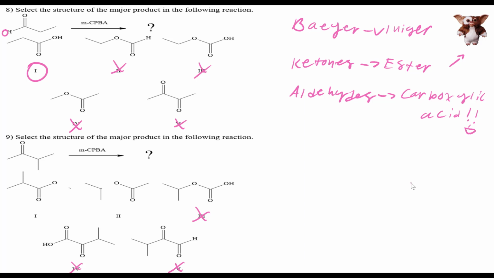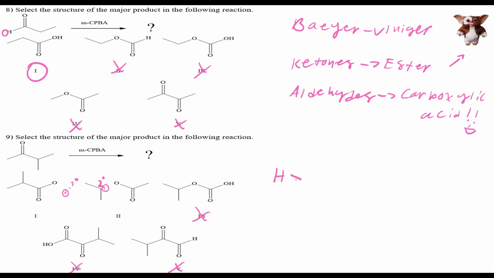It's kind of like my logic. I know it's not the correct way to think about it, but it's how I think. If we were to do this, well, what do we have? We have a secondary carbocation. And over here, we have a primary carbocation. And which one am I going to react more with? I'm going to react the most with the secondary carbocation. Okay? And so I'm going to add the ester on the side with the secondary carbocation.